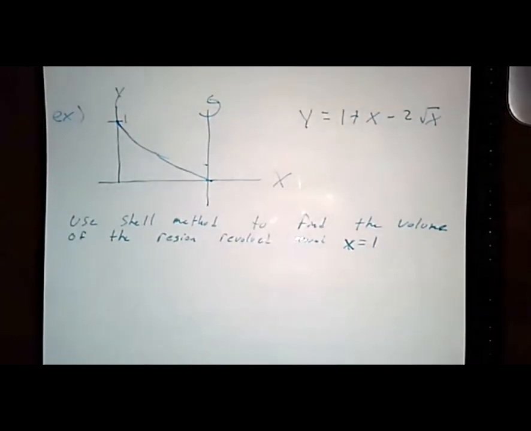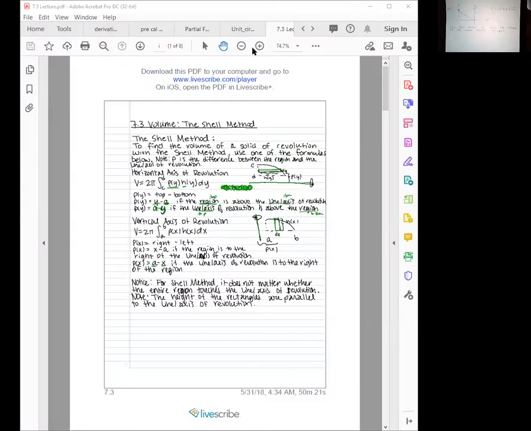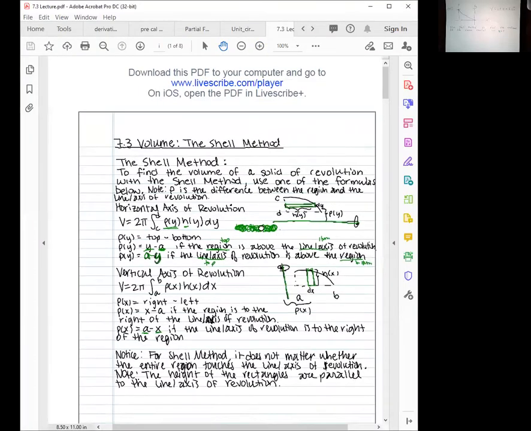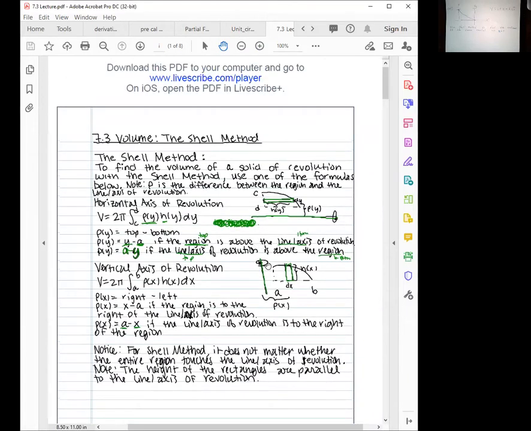Okay. So let me keep referring to these notes because that's what I want you to do. So since we're doing shell, I'm going to have to slice vertically, correct?